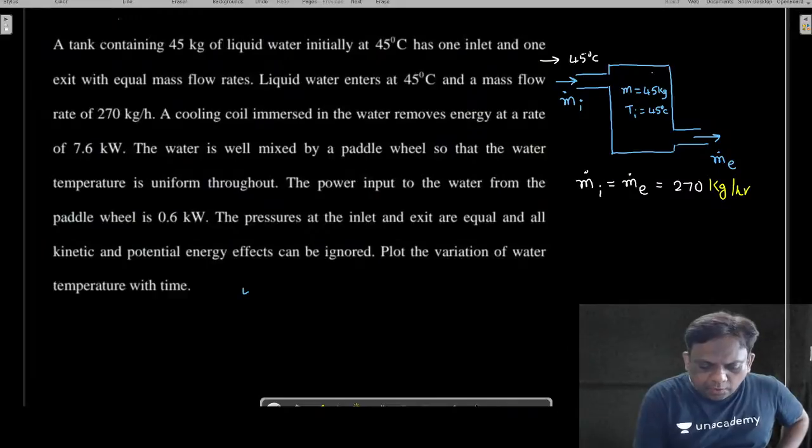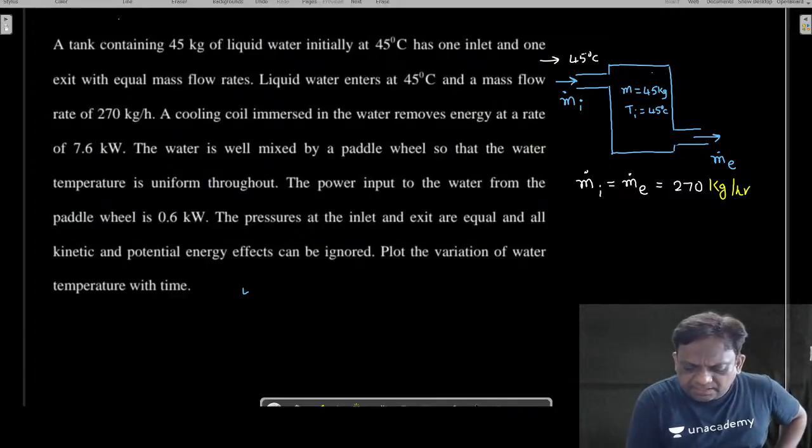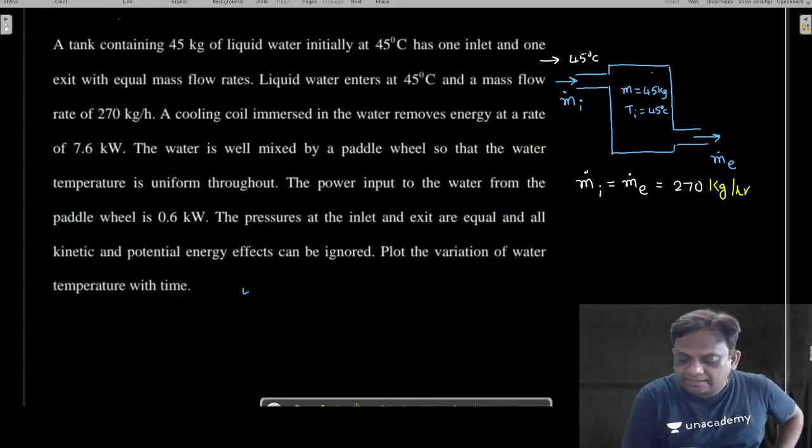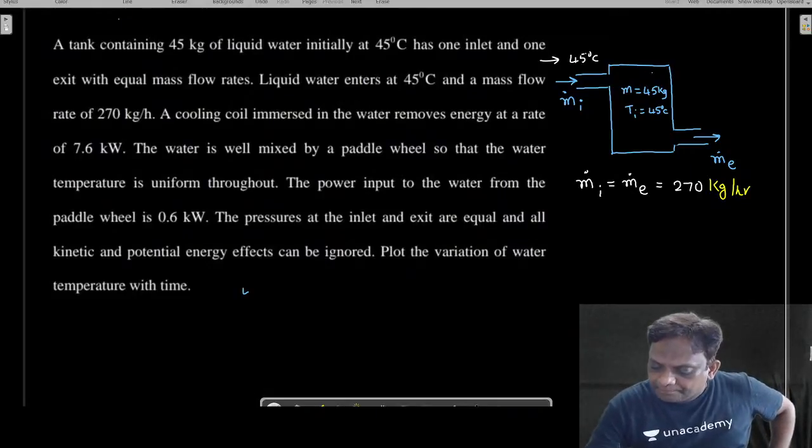A cooling coil is immersed in water and it removes heat at the rate of, at what rate is it removing heat? 7.6 kilowatt. Look carefully, it is removing heat.